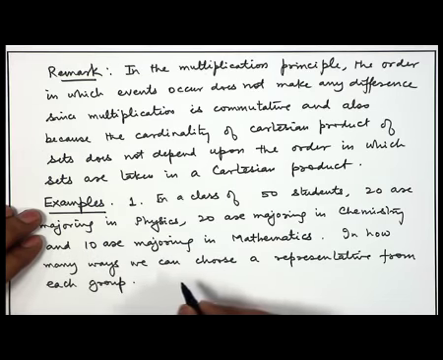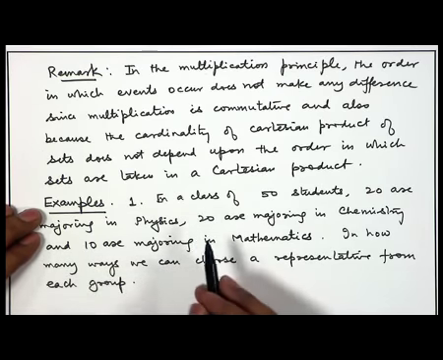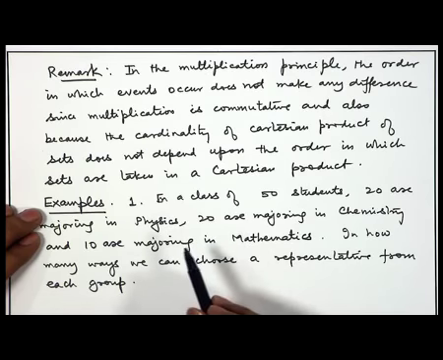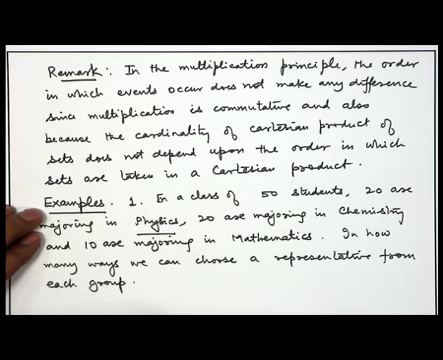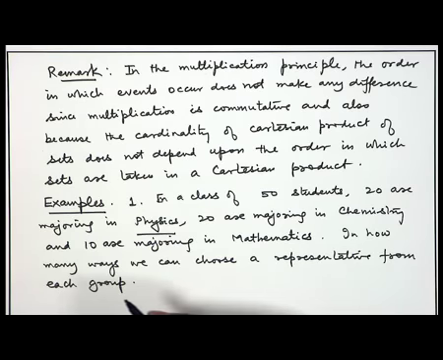Now, this is a very simple thing. If we apply the multiplication principle, and I consider the first one, that means the students majoring in physics, the representative from there can be any of the 20 students. So, the total number of ways will be 20.